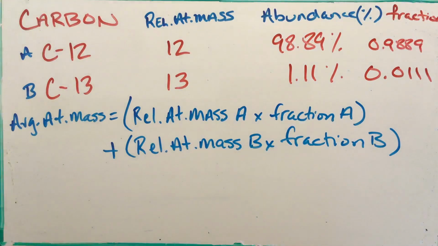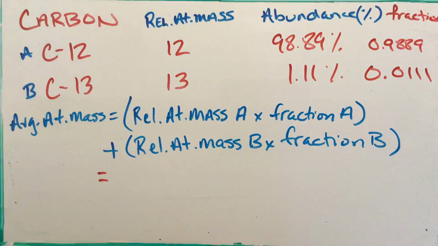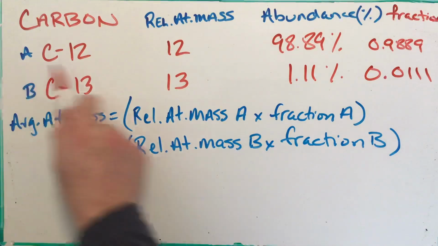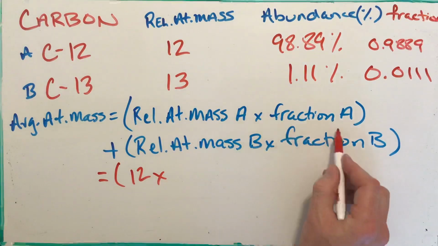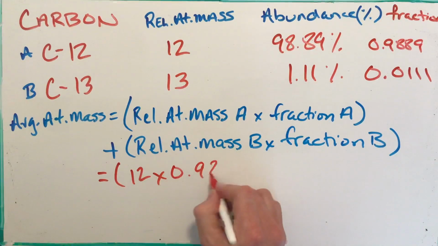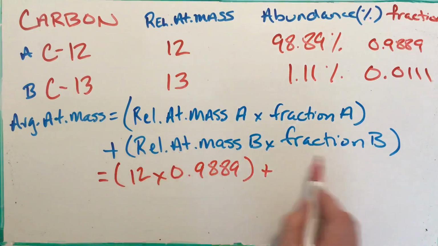Just like physics, we got to show formulas. And now we'll do the solution in red here. So my first bracket, the relative atomic mass of form A, I said A was going to be carbon 12, so it's 12. Times the fraction, which is this, not the percent. That, and then we'll add that to the second bracket.